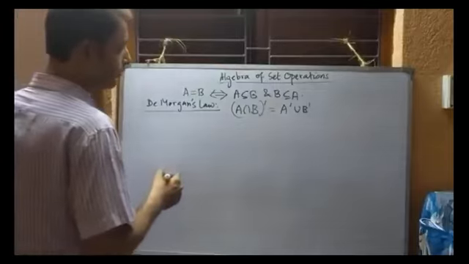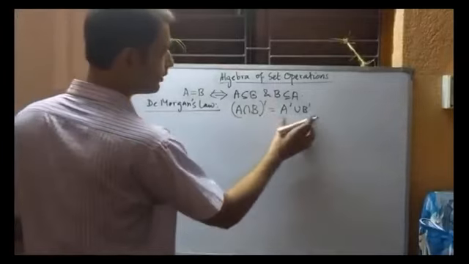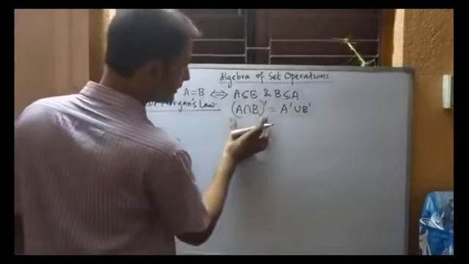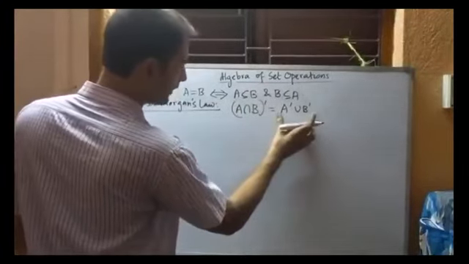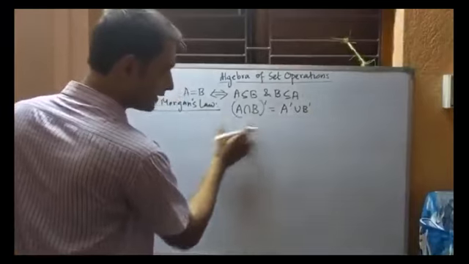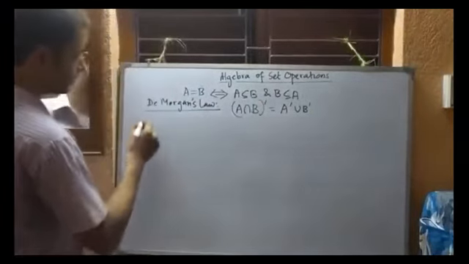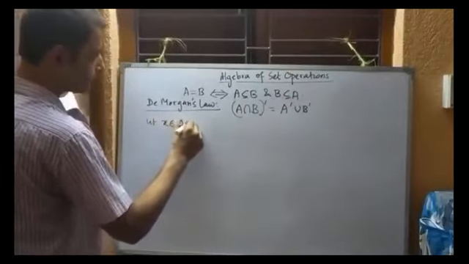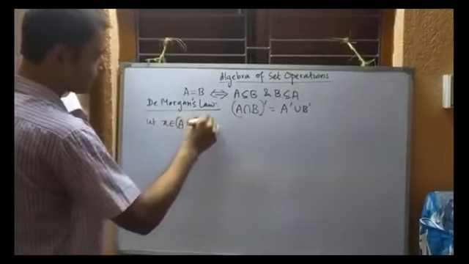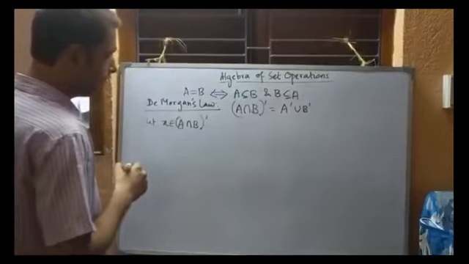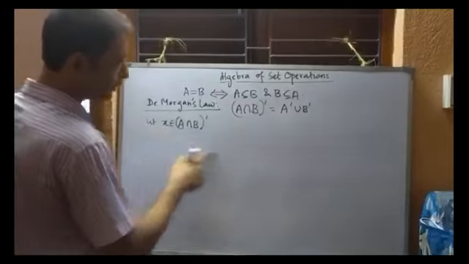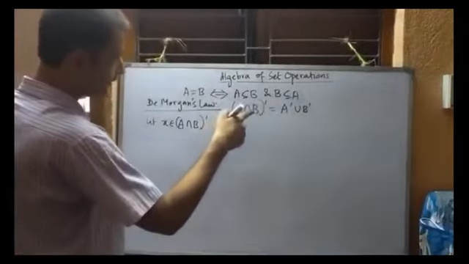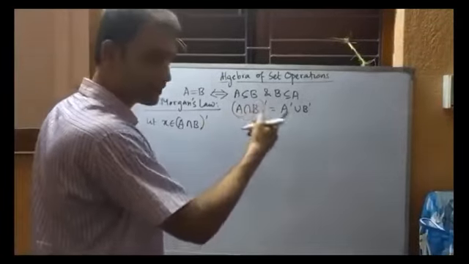So basically we have to show that this set is equal to this set. How will we prove it? We will show that this is a subset of this and the right hand side is also a subset of the left hand side. For the first part, we take an arbitrary element x from the left hand side, and if we can show that x is also in the set on the right hand side, then we can say that the left hand side is a subset of the right hand side.